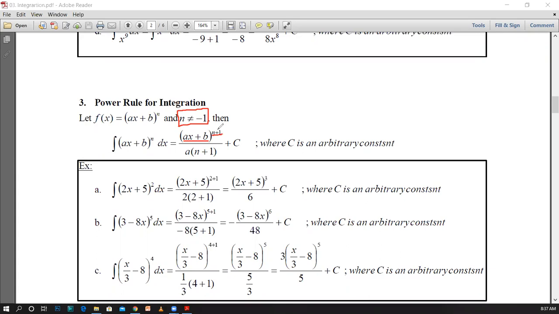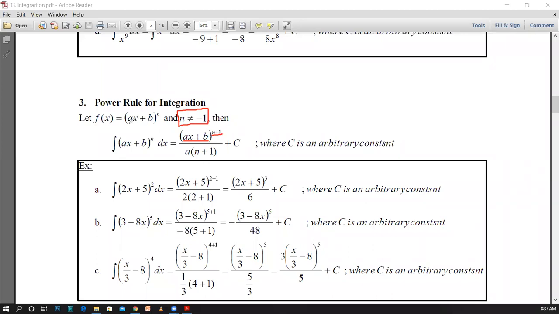In addition, you have to divide this whole part by the coefficient of x. Since the coefficient of x is a, we divide this part by a.